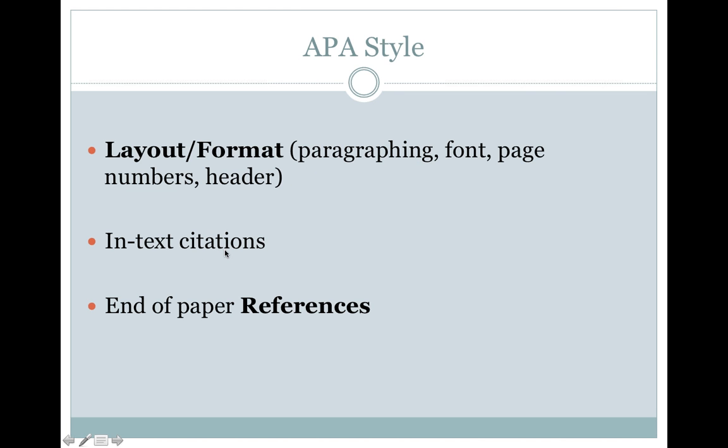In-text citations: anytime you use a fact, statistic, or quotation in the paper, there's an official way we need to cite it right there in the paper. And last week we just got into how to create an end-of-paper reference. I'm going to go into more detail about number 1 and number 3, layout and format, and references.